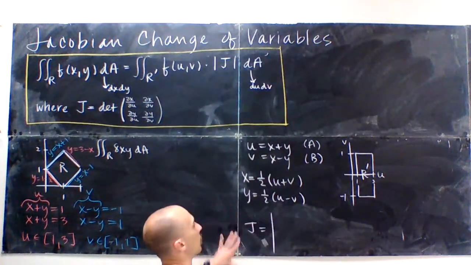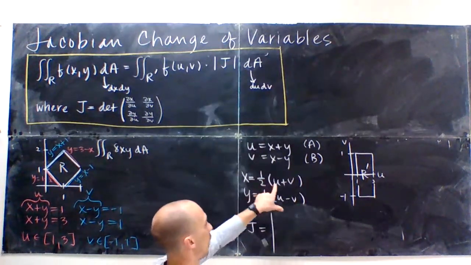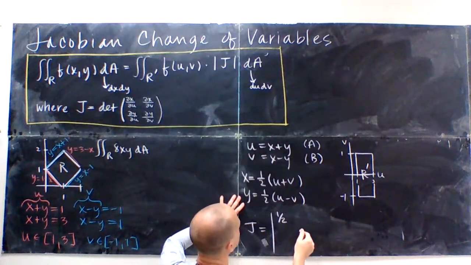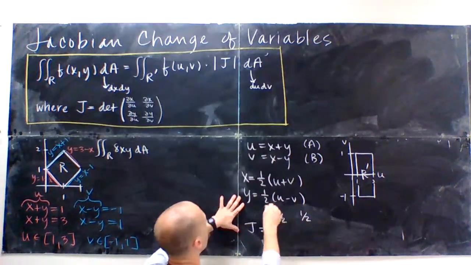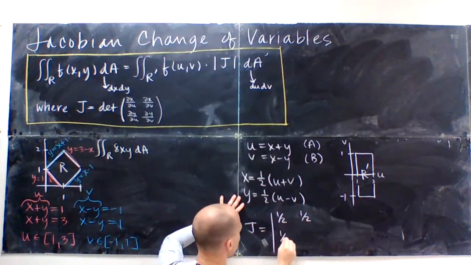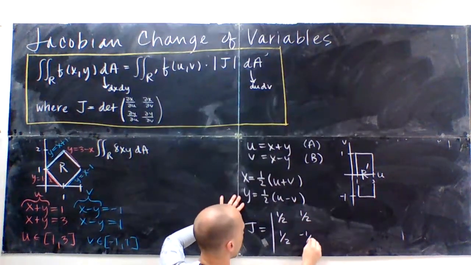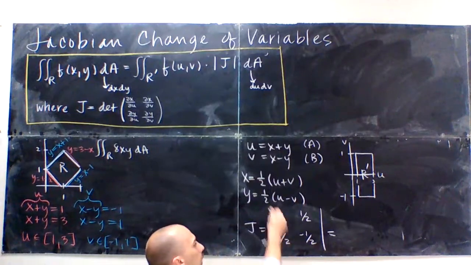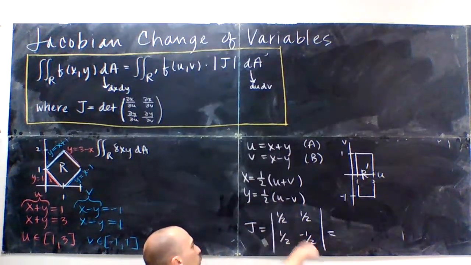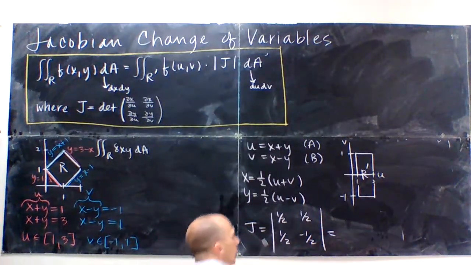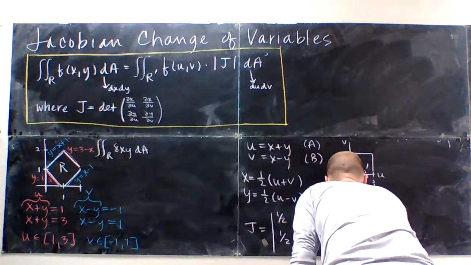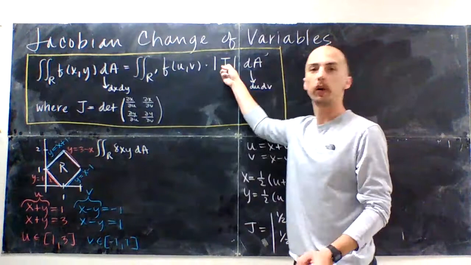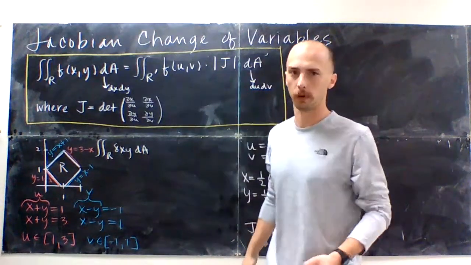So it's the determinant of dx/du, which is going to be a half. dx/dv is also going to be a half. dy/du is a half, and dy/dv is negative 1/2. Okay, this determinant is going to be negative quarter minus another quarter, which is negative half. And I do need to point out that over here we're taking the absolute value of the determinant.